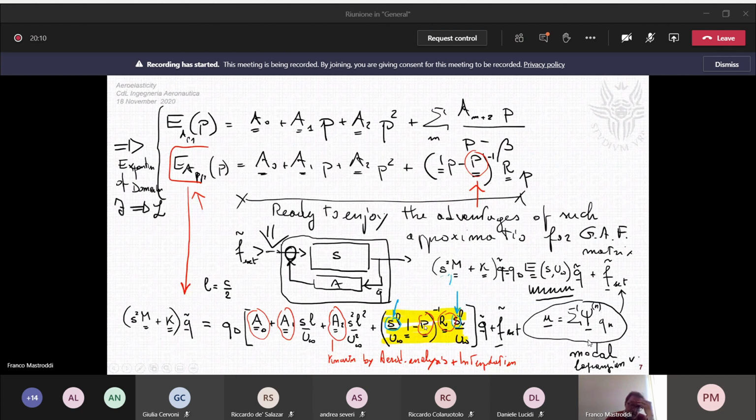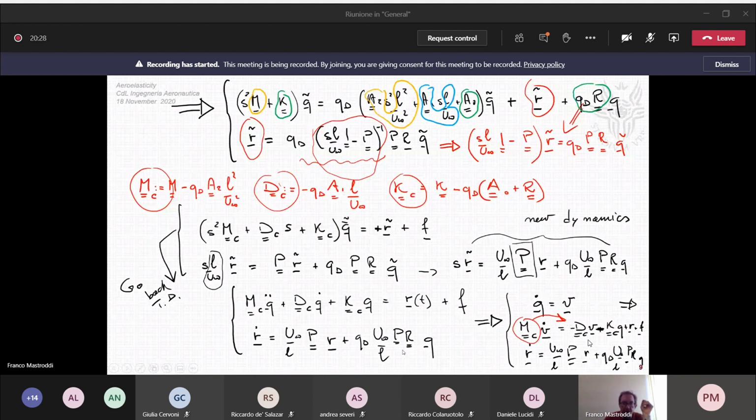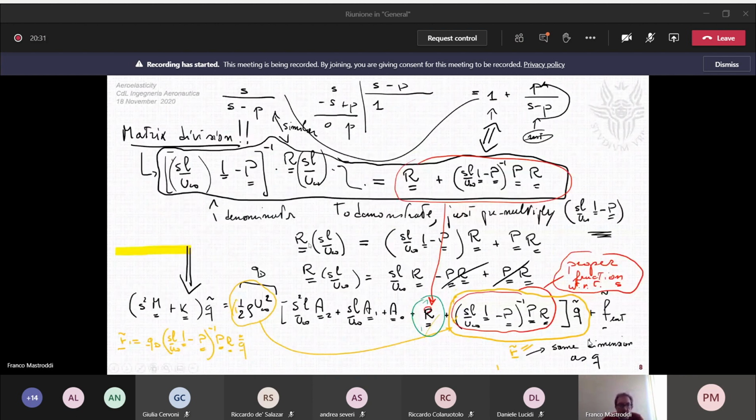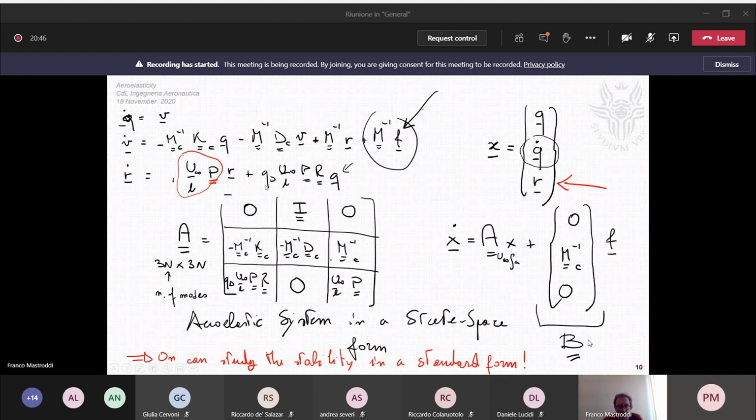This yellow part is not a proper fraction, because we have degree 1 at the numerator for S and degree 1 at the denominator for S. We can perform this division and obtain this final structure, and then this could be the new state space variable R. After organizing everything, we have a unique state space matrix referring to this unique state space vector.